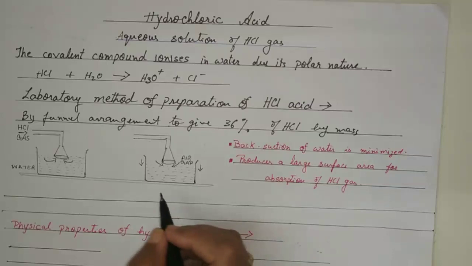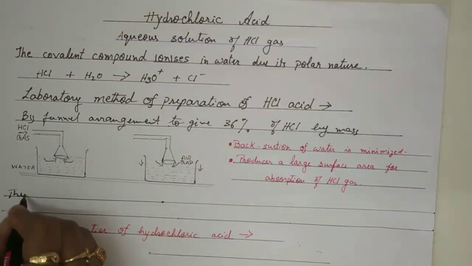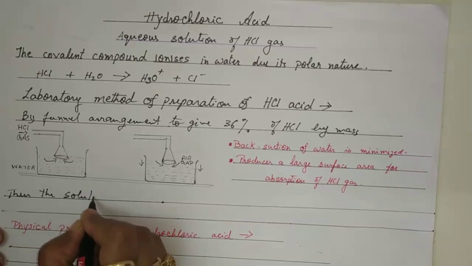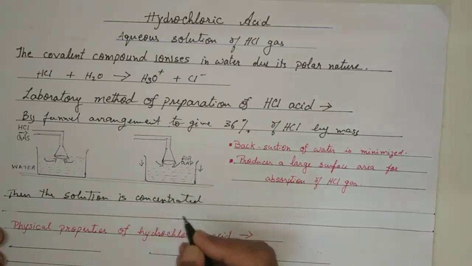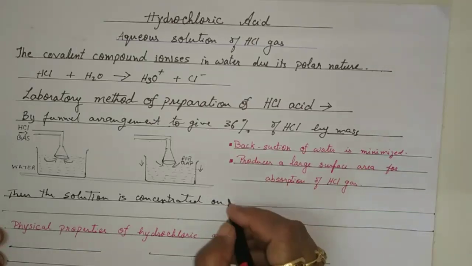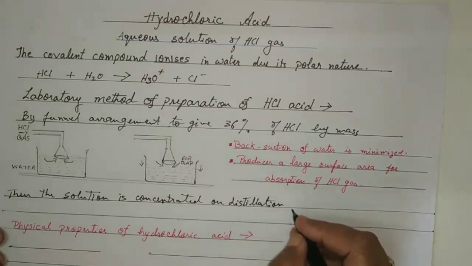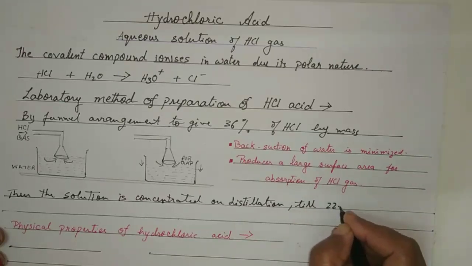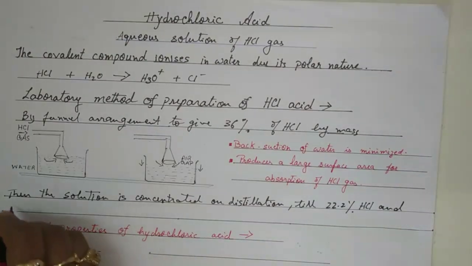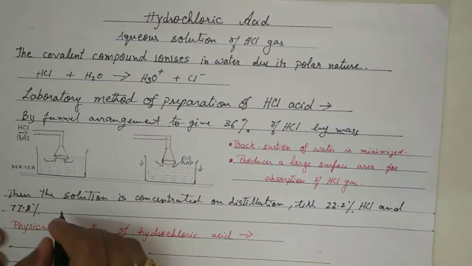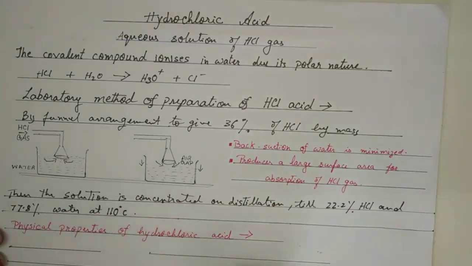Now, this solution which you get here is then concentrated on distillation till 22.2% HCl and 77.8% water at 110 degree Celsius.